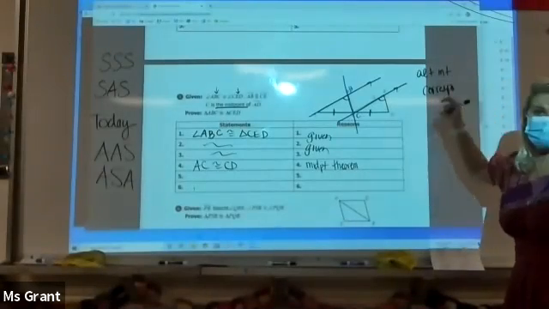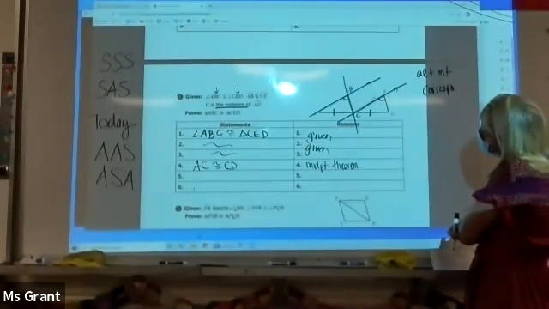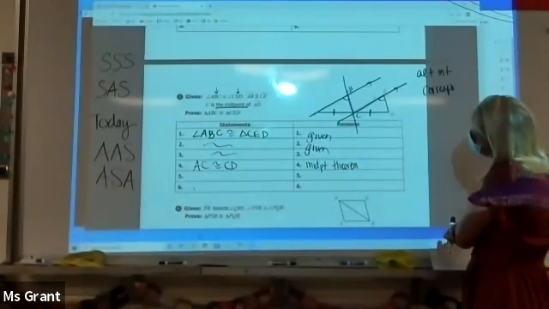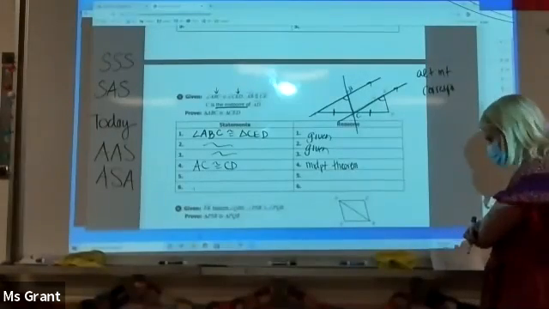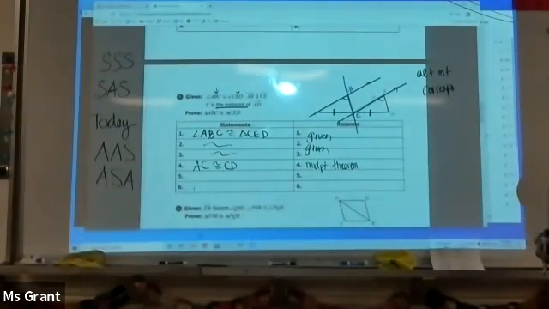So one of these 2 for sure. Where's the corresponding angle? Which ones do you think? Angle B and angle E. No, we already have that. B and E wouldn't be corresponding. B and C.